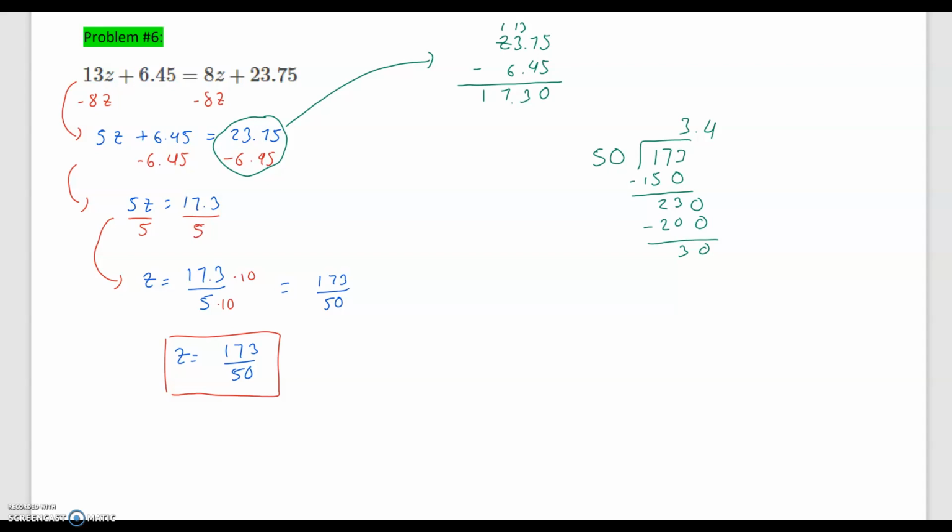And then we're looking at a 6. So 6 times 0 is 0. Oops, I forgot to add it. And 6 times 5 is equal to 30 with a remainder of 0. So this is our remainder.